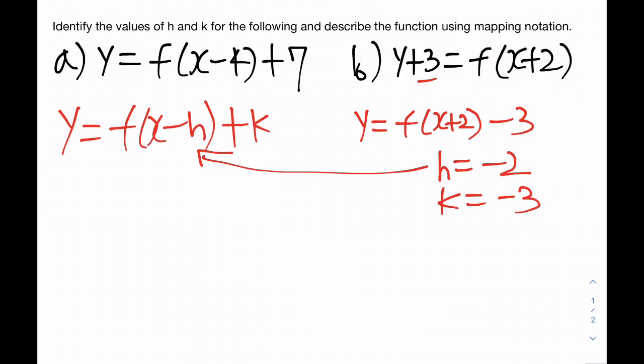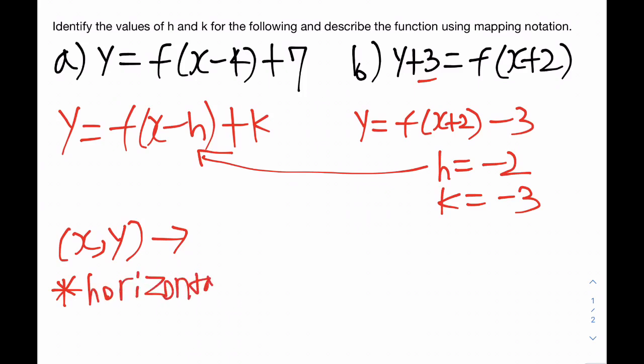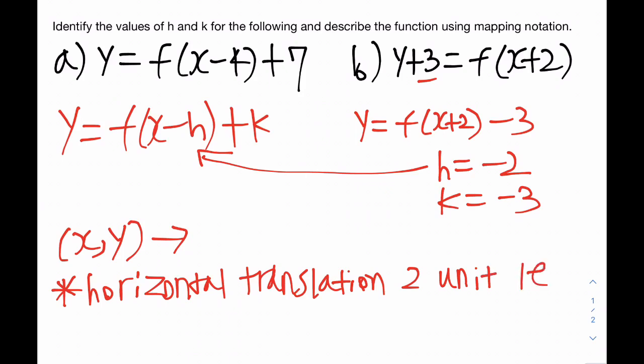Now we go on to the mapping notation. x, y, comma, this is our basic form. Let's find out what translations occurred here. We have f of x plus 2, which will be a horizontal translation, and it will be 2 units to the left because it's plus 2, so it goes the other way, which is minus 2.